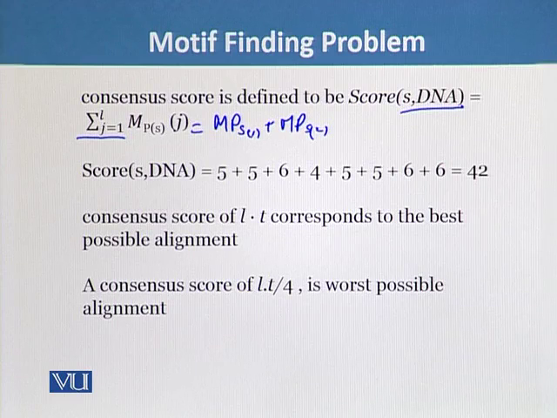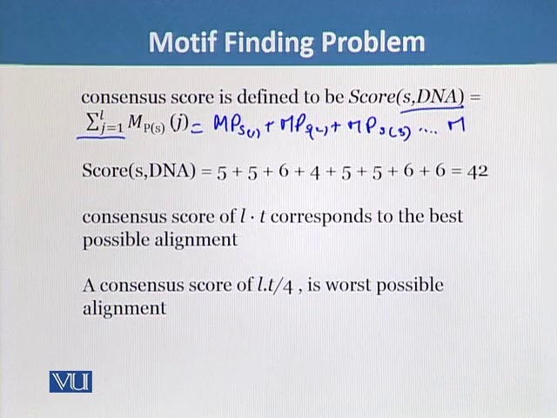We have already seen the MPS score of each column. So the meaning of this equation is that we will calculate the MPS score of each column, and then we will calculate the last column score, and we will get the total.